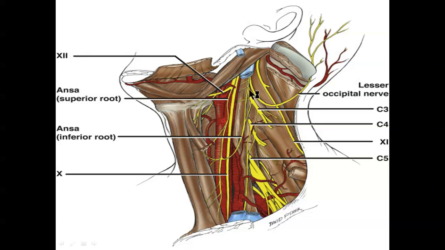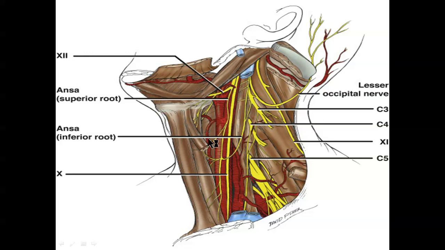So here we can see the lesser occipital nerve, C1, C2, and C3 over here. The ansa cervicalis is formed when the posterior root joins the anterior root, or superior root. The anterior root is also known as the superior root, and the posterior root is also known as the inferior root.